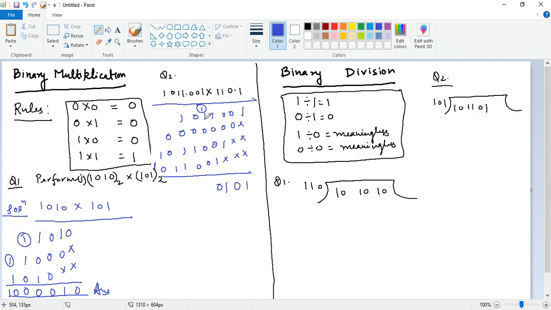This carry has come. 1 plus all zeros, so 1. 1 plus 1 is 0 with carry 1. 0 plus 0, 0 0 plus 1 1, 1 plus 0 1, and 1 will be added to this carry, so we get 0 as sum and 1 is carried.